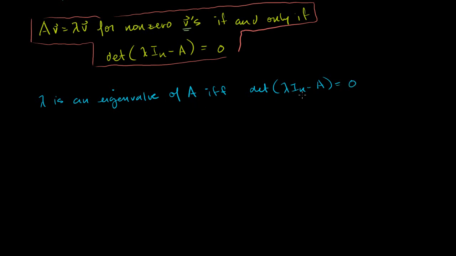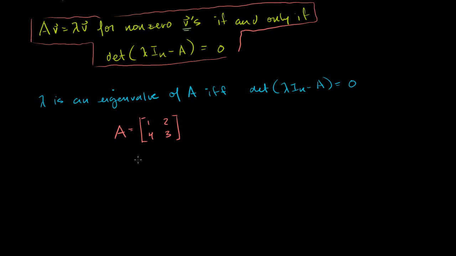Now, let's see if we can actually use this in any kind of concrete way to figure out eigenvalues. So let's do a simple 2 by 2. Let's do an R2. Let's say that A is equal to the matrix 1, 2, 4, 3.